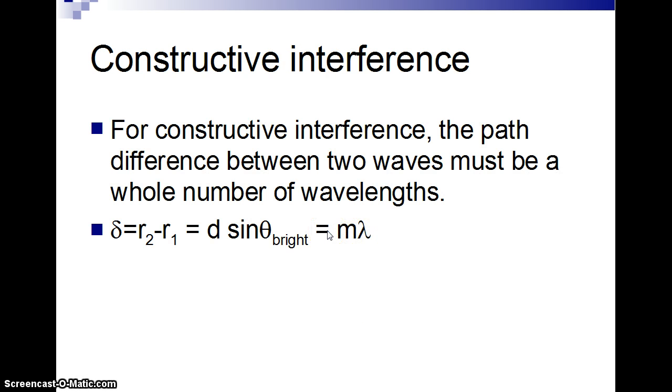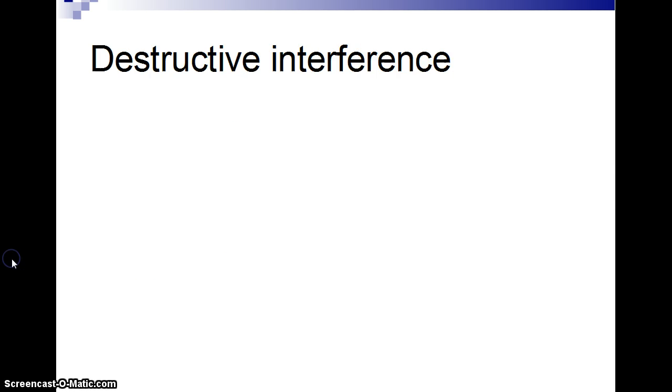And we want that equal to some number of wavelengths. So m is just going to be a number: 0, 1, 2, 3, and so on, positive or negative. Positive goes up, negative goes down, since sine is positive up, negative down. So what's happening there is we're having it offset by some certain number of wavelengths.